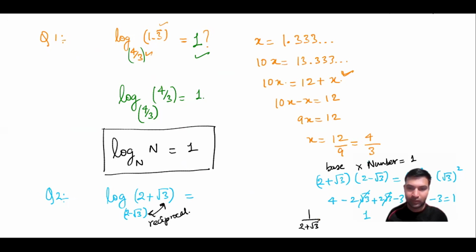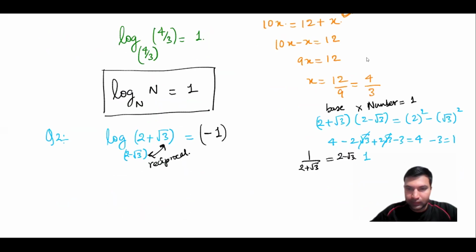If you rationalize this, you'll basically get 2 minus root 3. So the answer of this will always be negative 1, because this is the reciprocal of this. So what power of 2 minus root 3? The power would be negative 1, so that it becomes 1 over 2 minus root 3. Does that make sense?